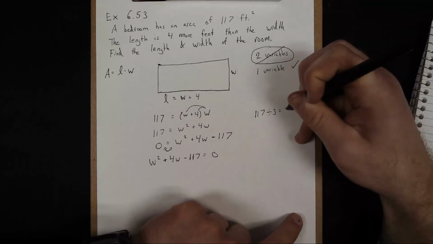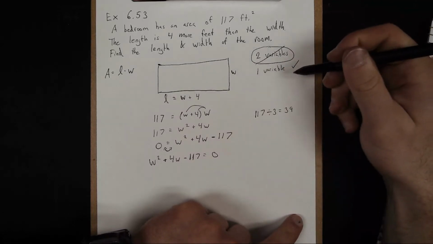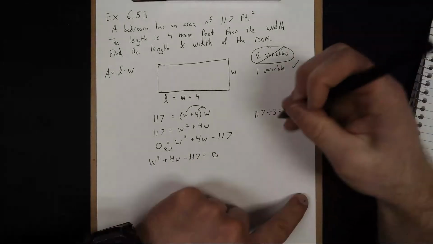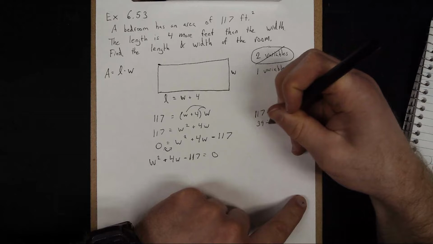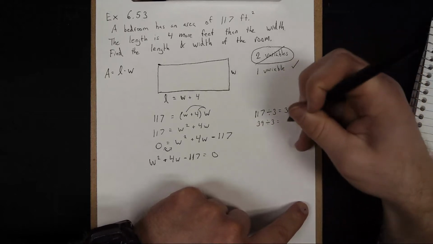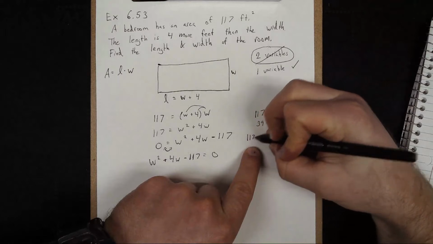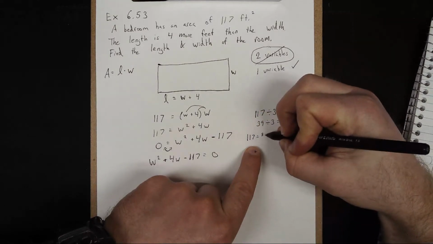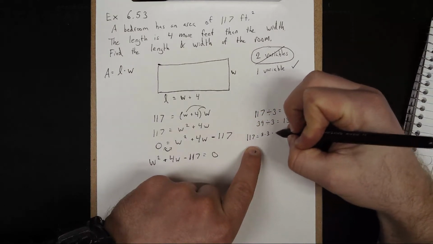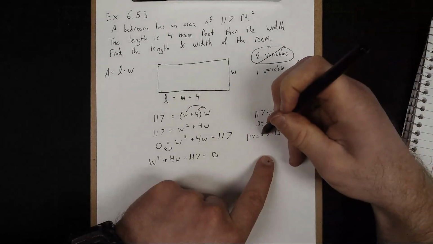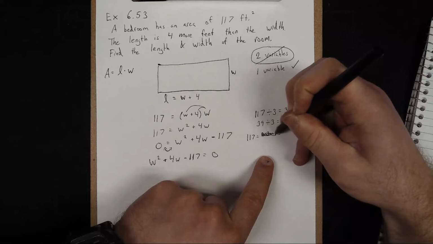Okay, we get 39. So 117 divided by 3 is 39. 39 can be divided by 3, I know that. That's going to give me 13. 13's prime. So 117 is equal to 3 times 3 times 13.